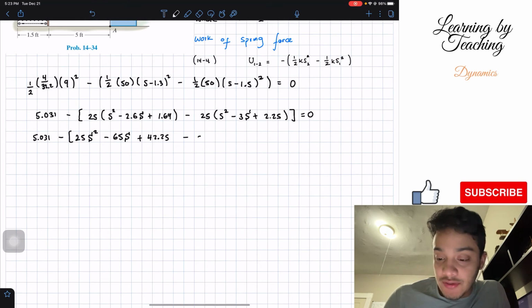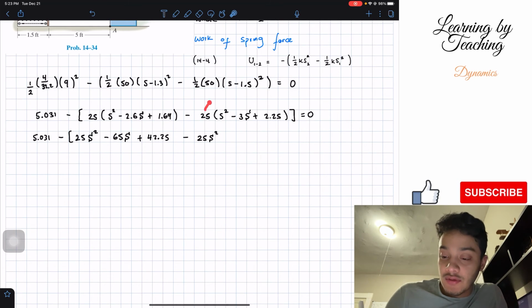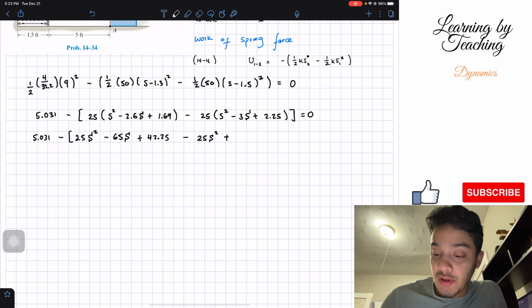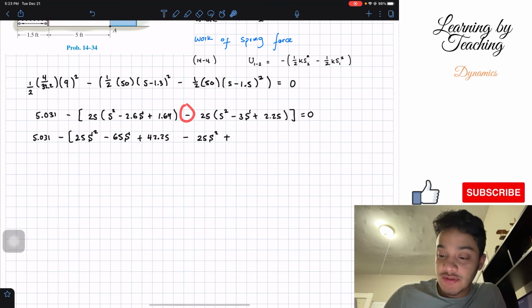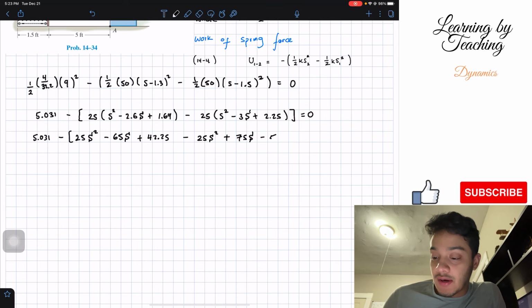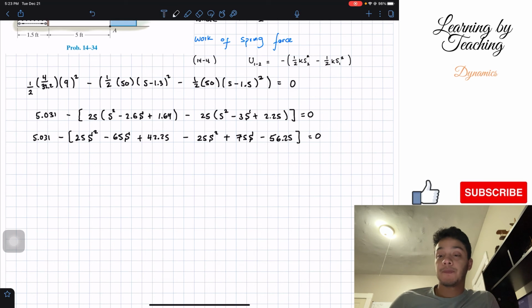Then we will have minus 25s squared for the second. So we are going to do the same, but with this parenthesis. Then we will have plus, because minus times minus will give me a positive 75s. And then we will have minus 56.25. We close our bracket, and all this should be equal to 0.